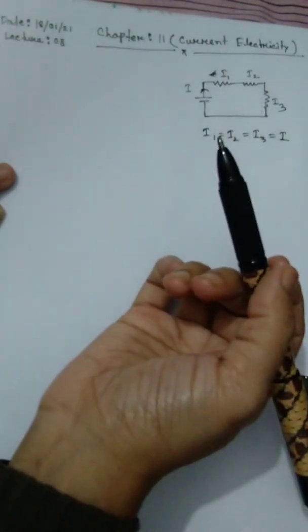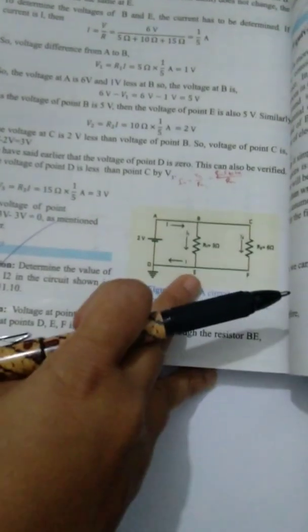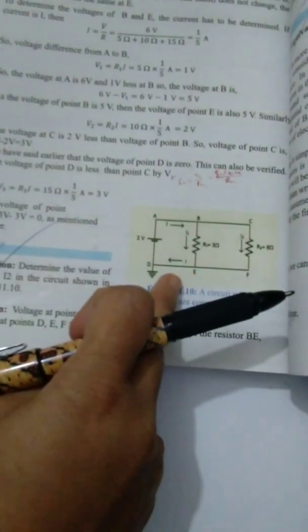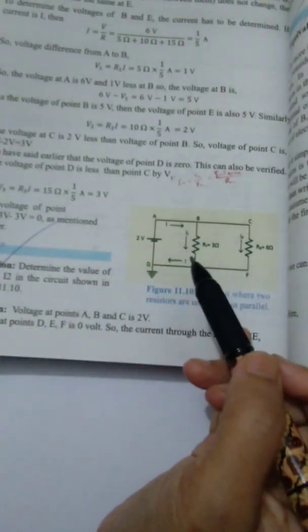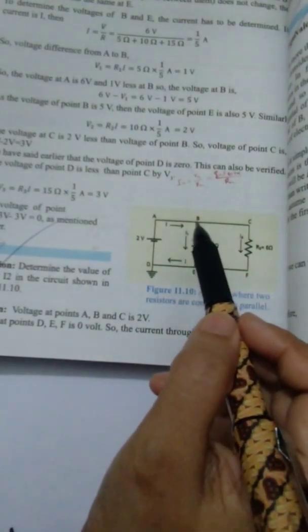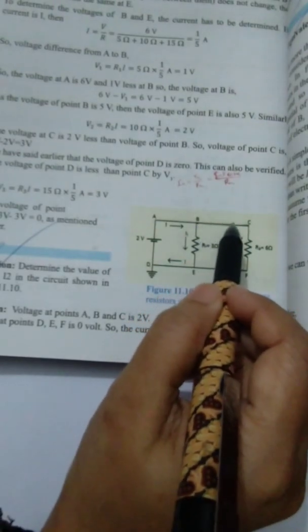But in case of parallel circuit, a simple circuit is given in your book also. If you just look at your textbook, then you will identify this is a parallel circuit where two resistors are connected in parallel. Why are we saying these resistors are in parallel? Because if you look at the circuit and the resistors, the starting points of these two resistors are connected to the same wire.